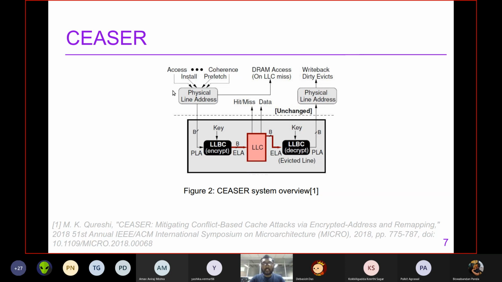So all the things that are here, like the prefetch buffers, the coherence requests, and all those things will still see the physical line address, and hence we won't require any change. And inside this, we have this symmetric key. The key takeaway here is that this key is changing, and because of this changing, the mapping is also changing.